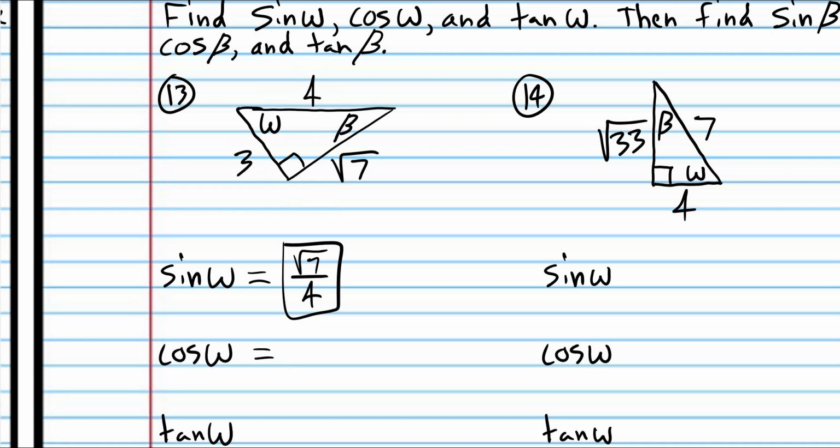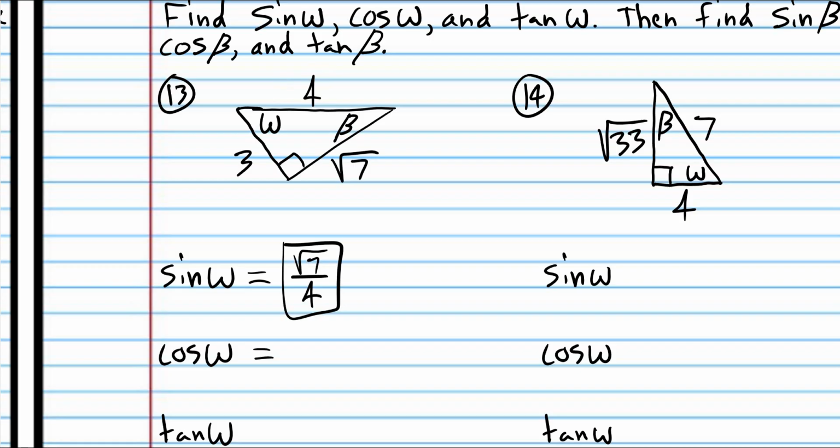Cosine omega would be the adjacent side length, the length of the side adjacent to omega. But 4 and 3 are both adjacent. But remember, 4 is called the hypotenuse. It's not called the adjacent side.